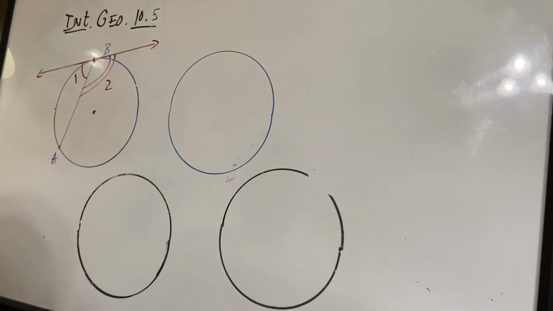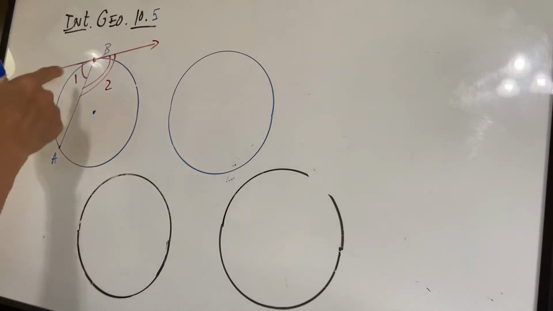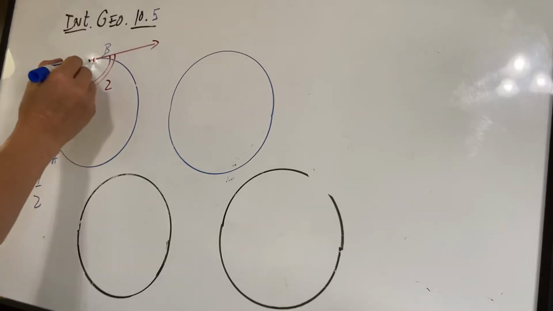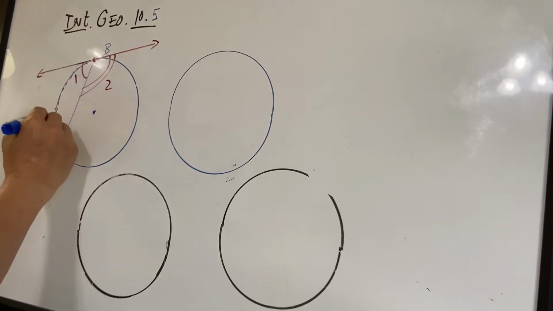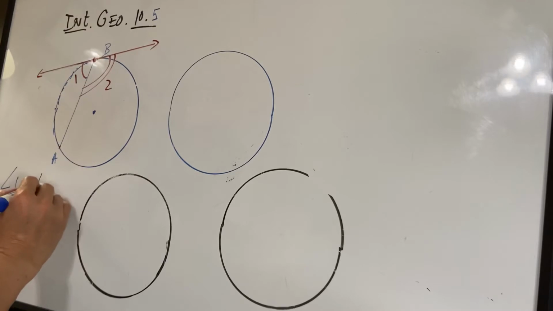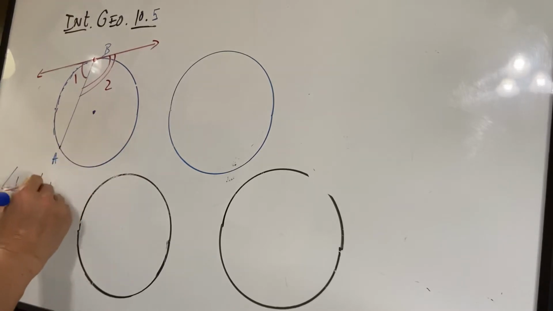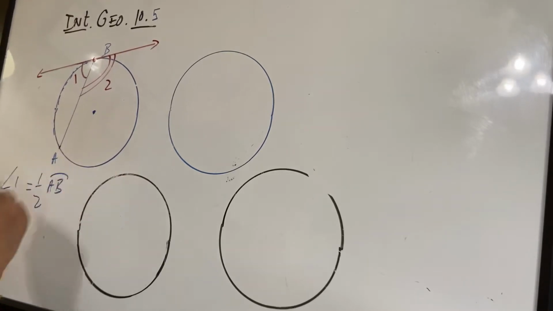Now, this is what mathematicians have figured out and proved. Angle 1 equals 1/2 of the minor arc AB, the measure of the arc AB.